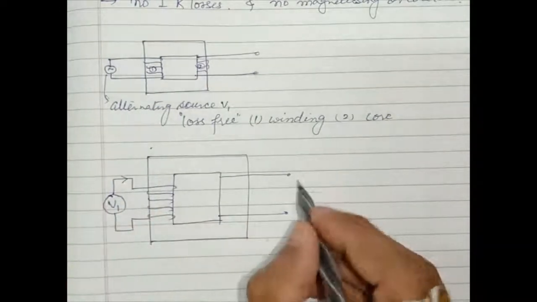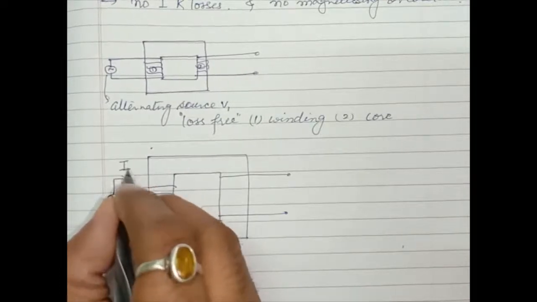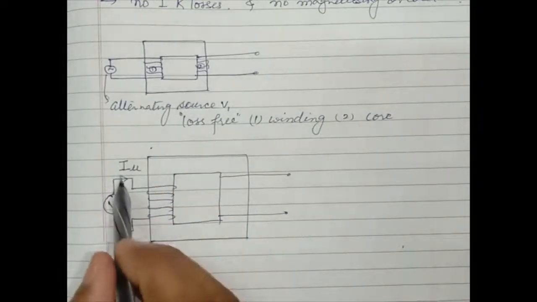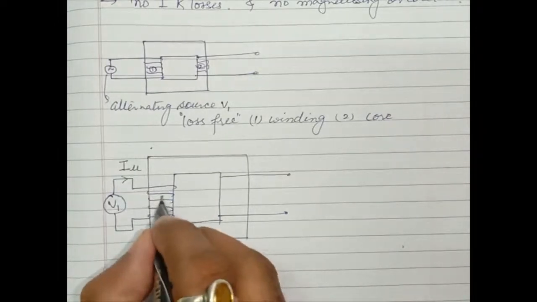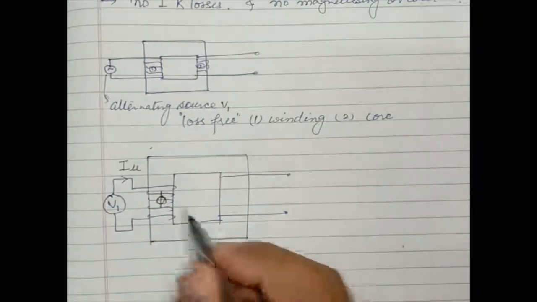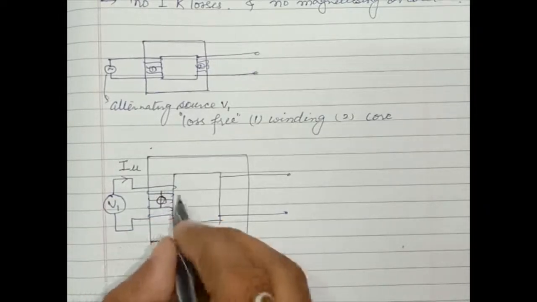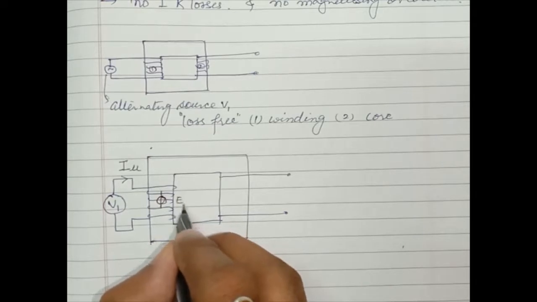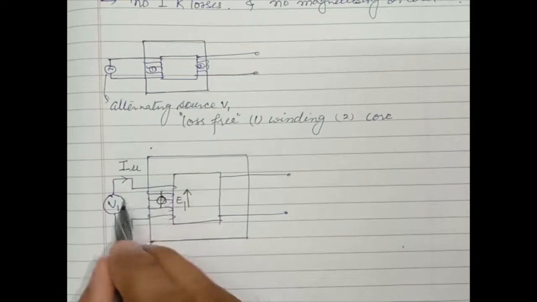As the load is not connected, there is a flow of magnetizing current, denoted by I mu, in the winding, and this magnetizing current will establish a flux phi in the core, and this flux will link with the winding and induce a self-induced EMF E1, which opposes the cause by which it is produced.